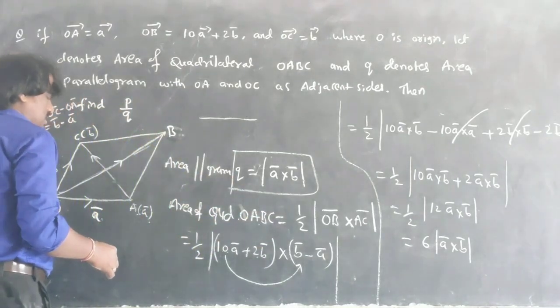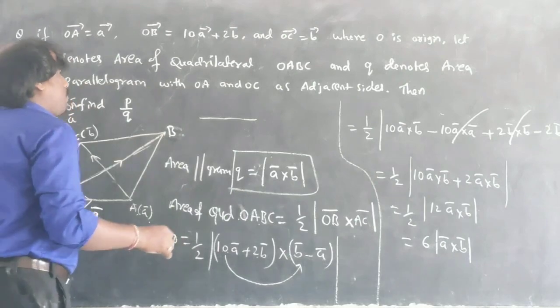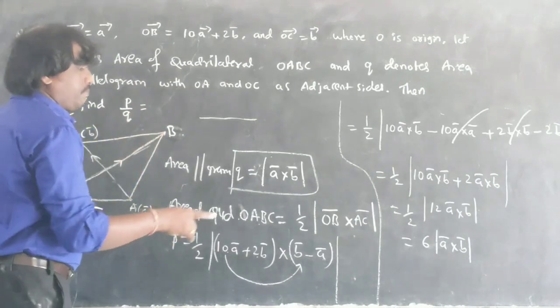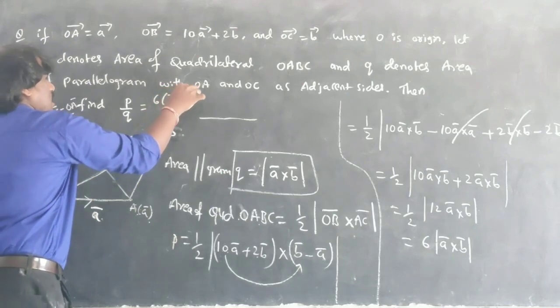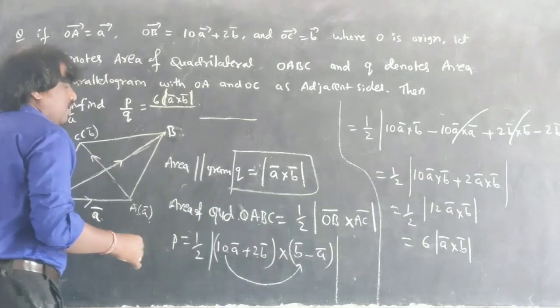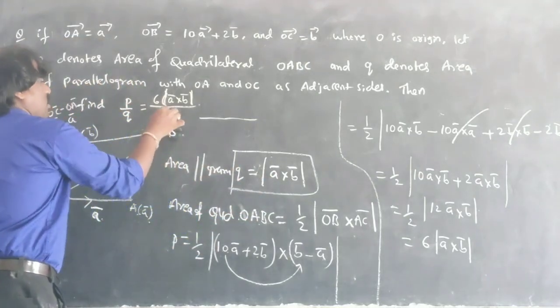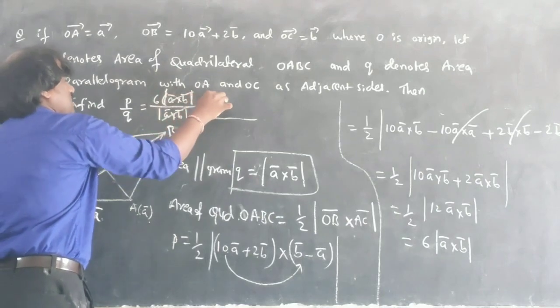That is nothing but what I have considered as P. So P by Q will be, what is the P I got? 6 times of modulus of A cross B divided by Q, which I got as modulus of A cross B. So this is cancelled out, the answer is 6.